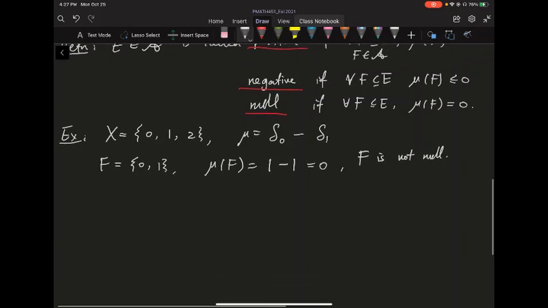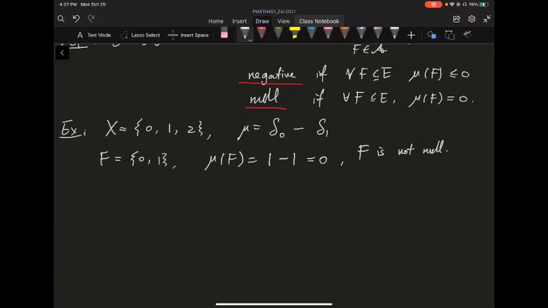You can convince yourself based on this example why we define a null set in this way. Let's just work on this example. If I take E to be {0, 2}, you can convince yourself that this is positive, because it basically avoids the negative mass at point 1.